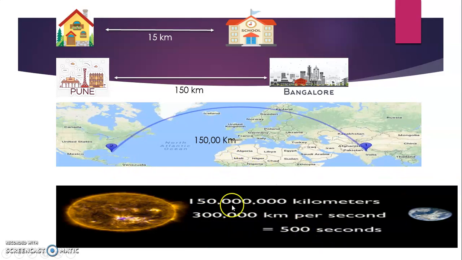If the distance keeps increasing and increasing, then there should be some system to represent these larger numbers in an easier way. This is a very long number to write, 150 million kilometers, correct? So there should be some system.